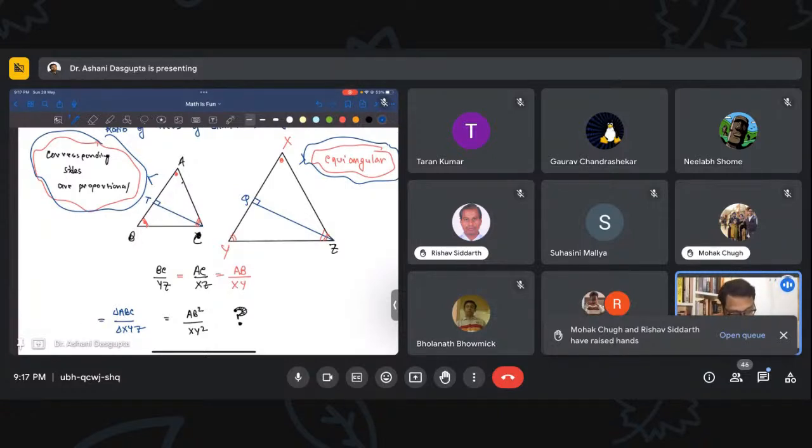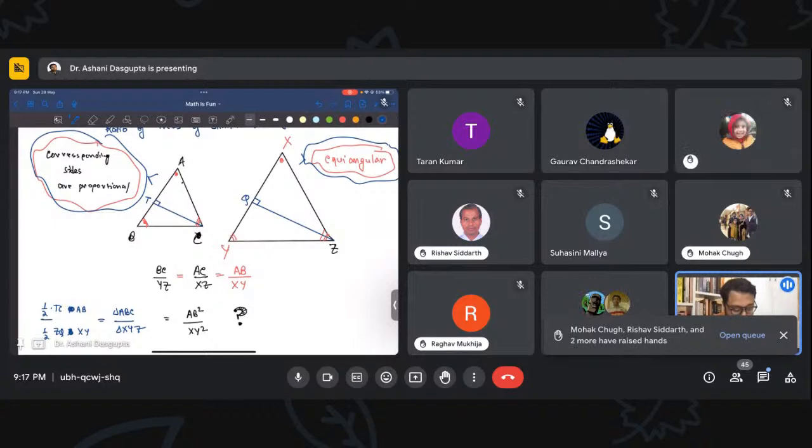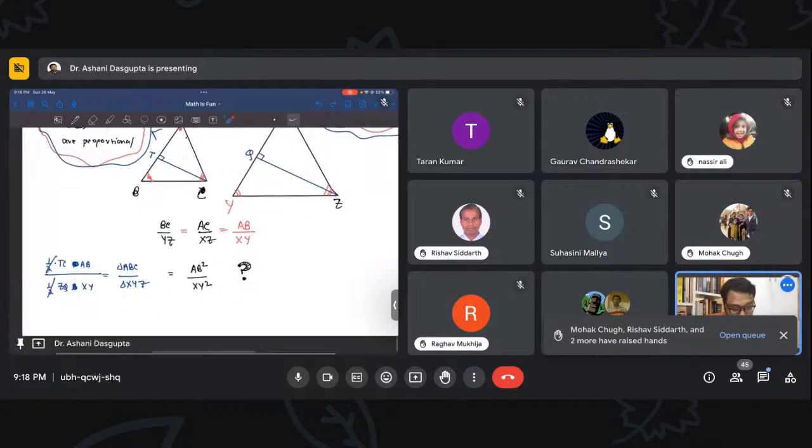Area of triangle ABC is half TC times AB, and area of triangle XYZ is half ZQ times XY, half base into height. So TC is the height and AB is the base, and ZQ is the height and XY is the base. So you have these two products, and I can cancel off the half.